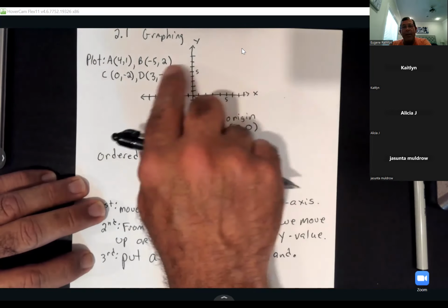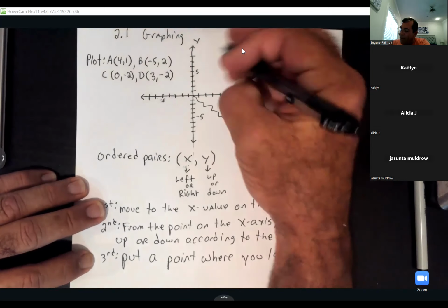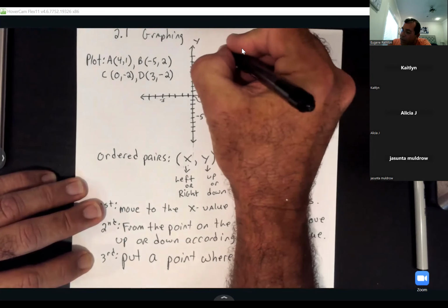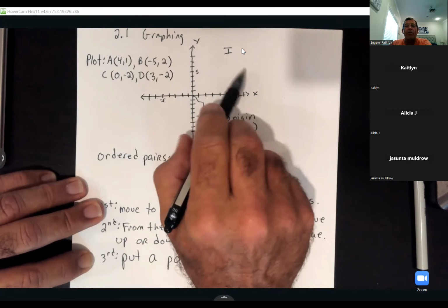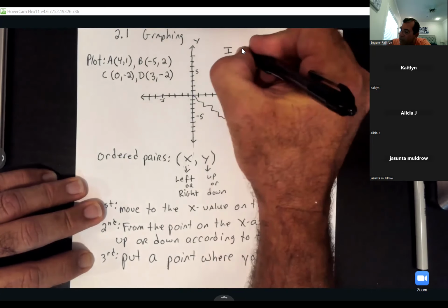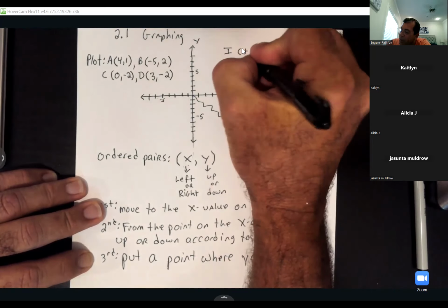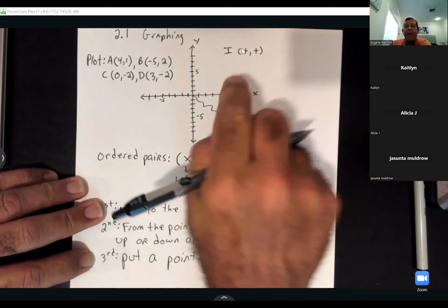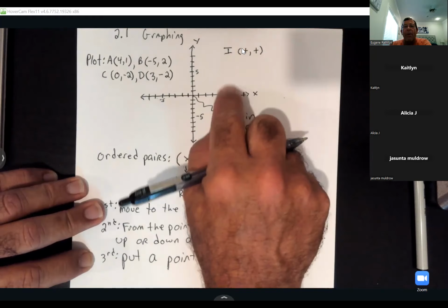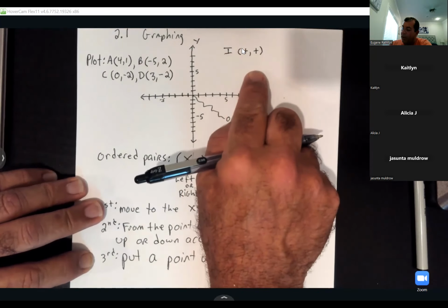Now, let me tell you something else about these graphs. They're broken into 4 sections, and we call this the first quadrant in the top right. For a point to be in the first quadrant, both of those numbers have to be positive. You're going to have a positive x and a positive y to be in the first quadrant.